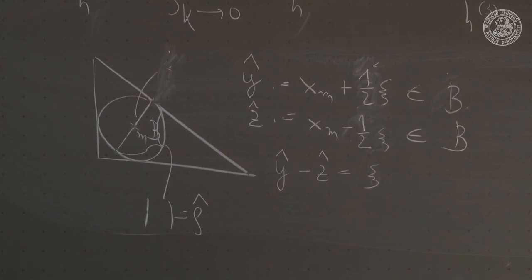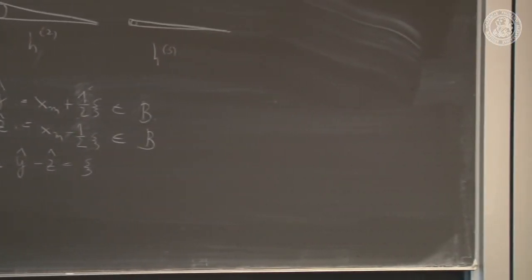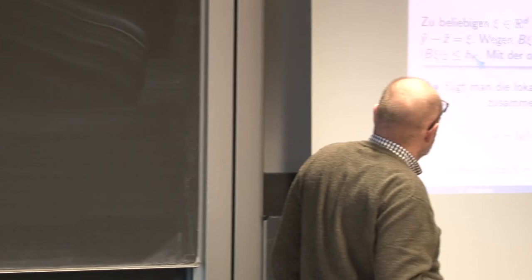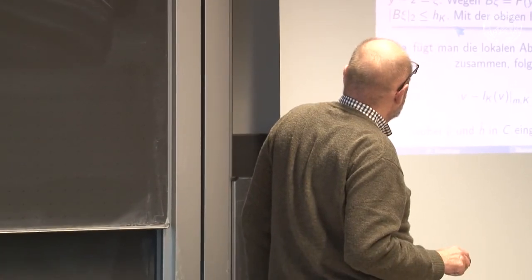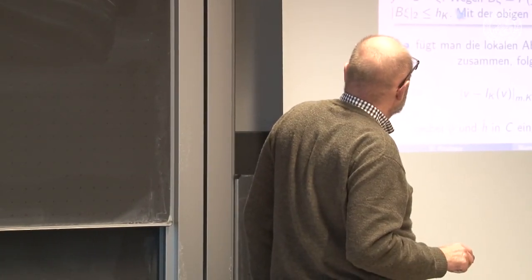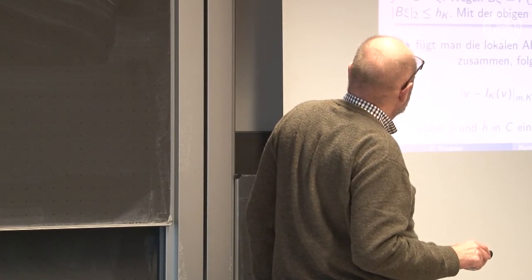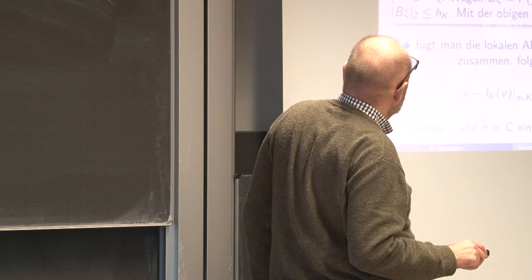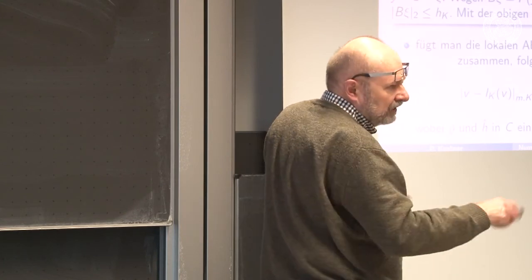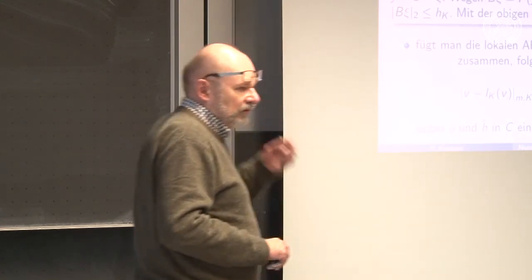So the Euclidean norm of this B xi has to be estimated by h_K. Okay, so what does that mean? All this stuff here can be estimated by h_K, and I arrive at this estimate which I would like to see, h_K over rho hat, and correspondingly then for the inverse.